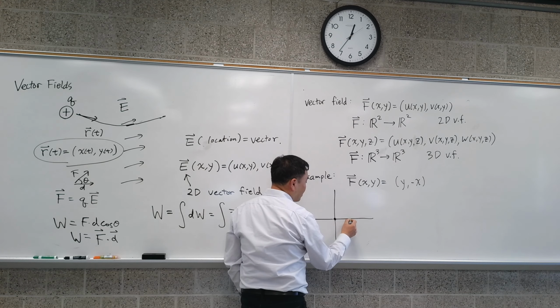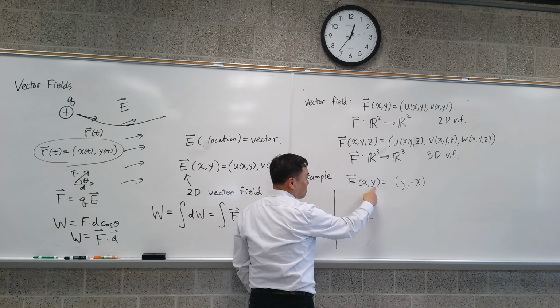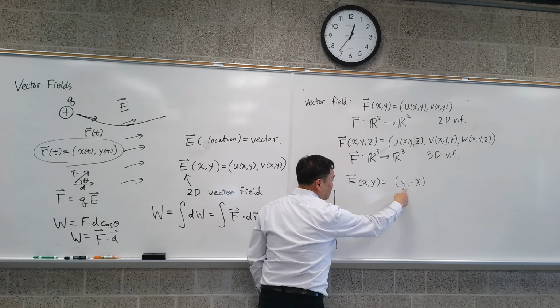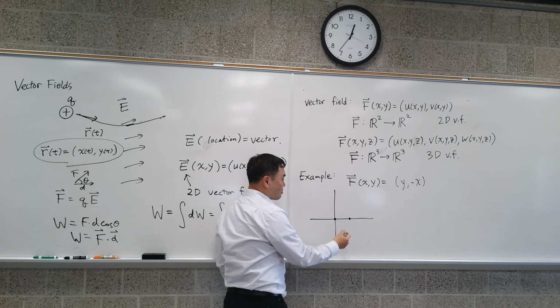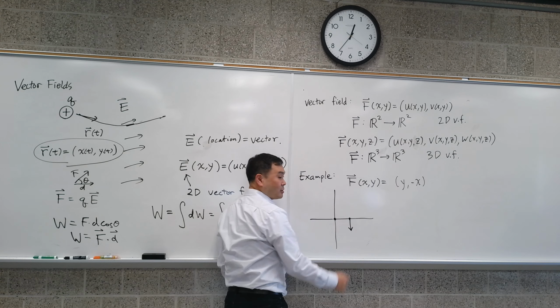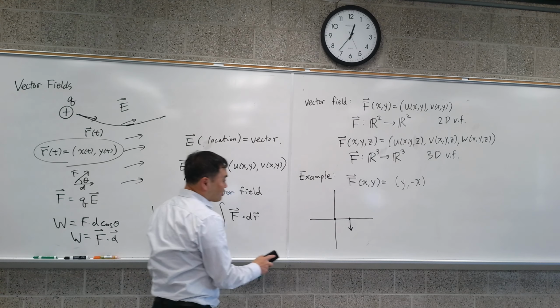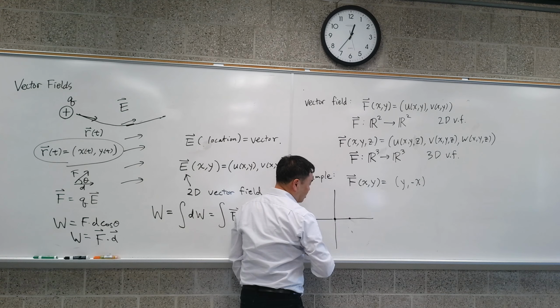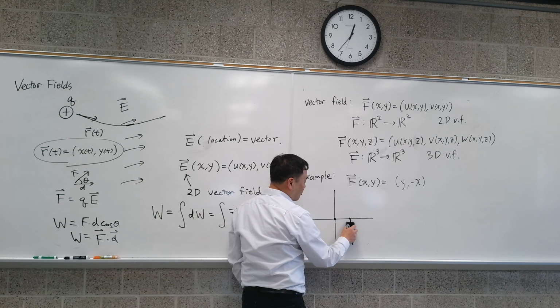What happens if you're at 1, comma 0? 1, comma 0 means you have 1 for x and 0 for y. So that gives you 0, comma negative 1. 0, comma negative 1 is a vector that's pointing downwards, right? Now, to do justice, I should really be drawing a length 1 vector. Then if I do that, it kind of overlaps everything.